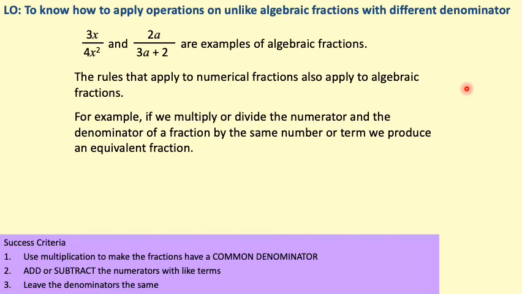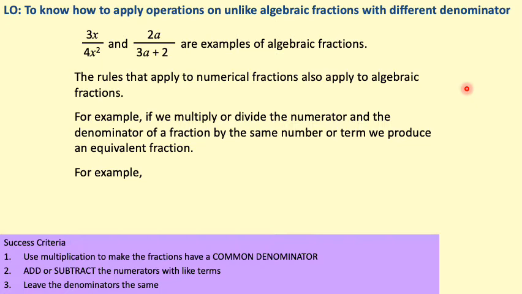So just like we've done in the last few problems, when your question asks you to fully simplify, if you divide the top and the bottom by the same term, then you still get an equivalent fraction. If you multiply the top and the bottom by a certain term, you still get an equivalent fraction. As long as you're consistent on the top and the bottom, you will still have an equivalent fraction.